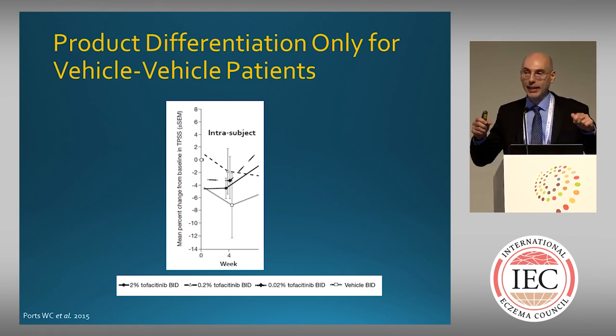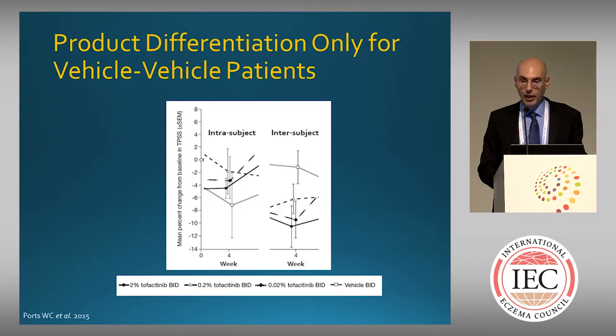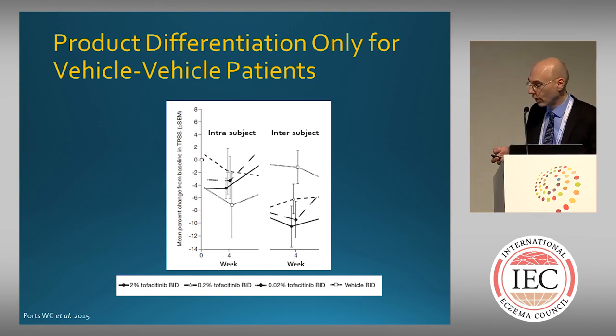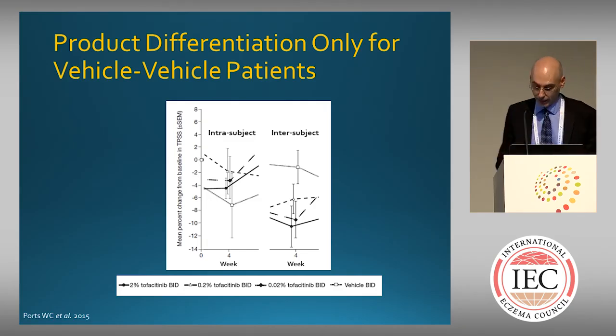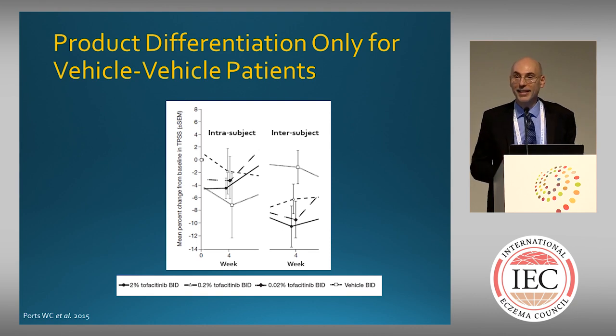What was good is that in that study, there were also patients who were randomized to vehicle. So the data was reanalyzed, considering patients who received only vehicle, and active, and this is what the results show. When you analyze the vehicle areas only in patients who had vehicle on both sides, you see that there is efficacy. So that is the type of design that I don't suggest using.